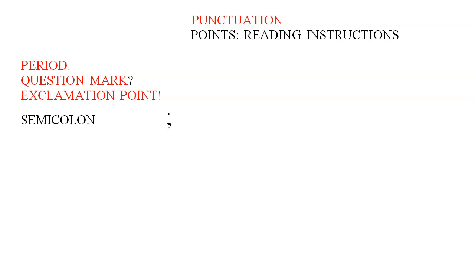Other punctuation marks work when a writer wants to interrupt a thought in the middle of a sentence or violently change topics within a sentence. For that first purpose, we use the parentheses, which indicate that the words between them are interruptions in the main point of what a sentence is saying.